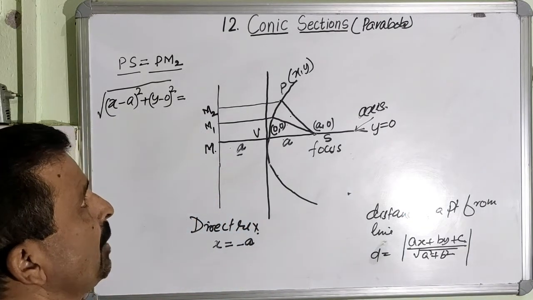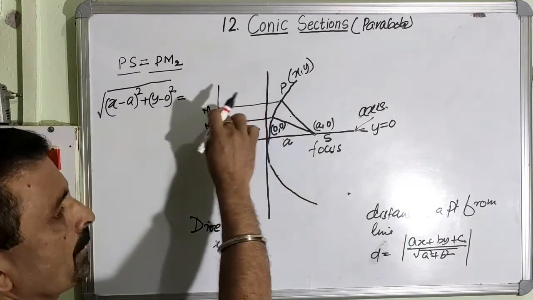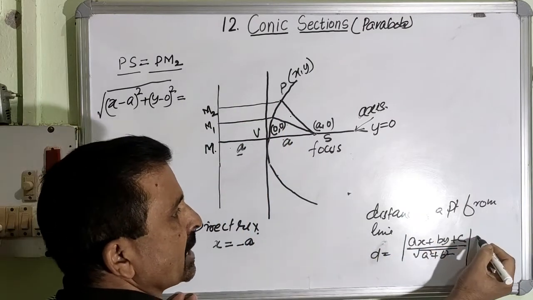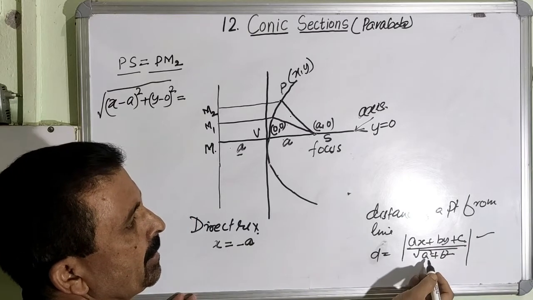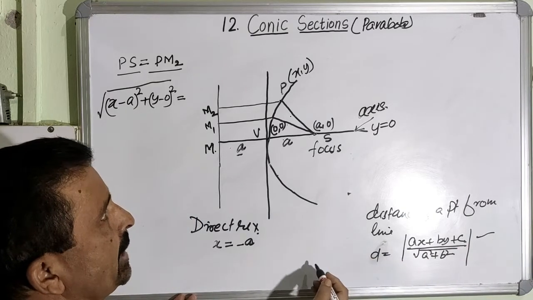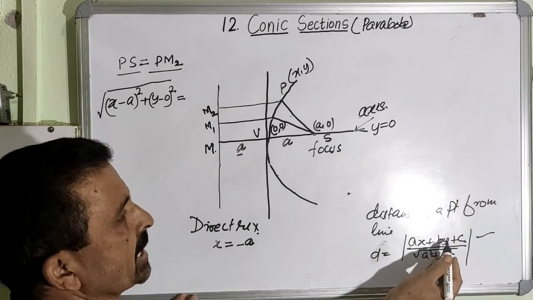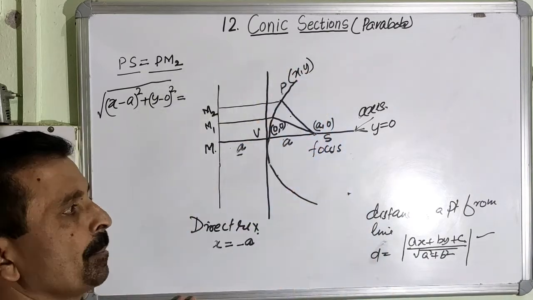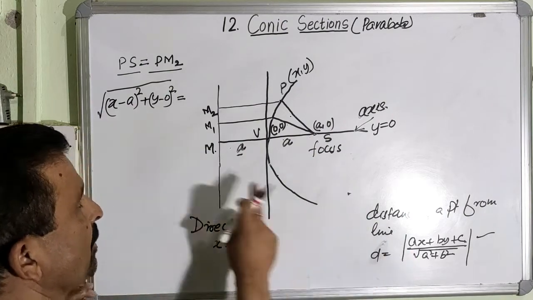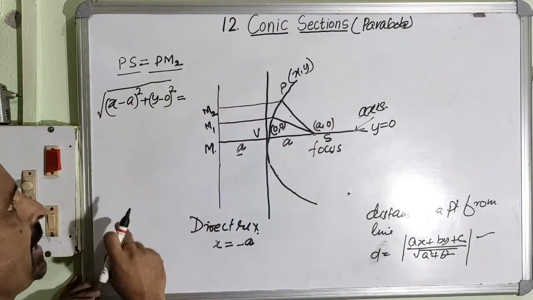Is it okay? Now we can use this concept here. This numerator is the equation of the line. And what we need to do to find the distance of a point from a line is just replace this x and y by the coordinates of the point P. So using this formula, we are going to find the length of this PM.